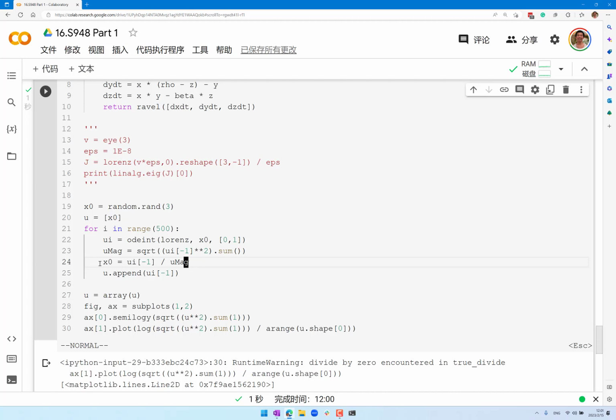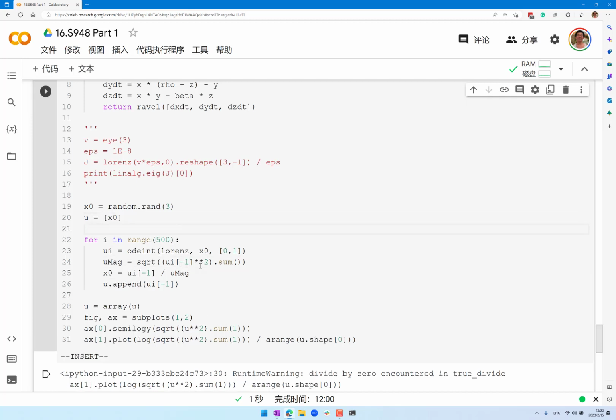If the system is linear, then the solution would be proportional to the solution I get if I did not divide by the u magnitude, right? So what that means is that if I actually store the magnitude of the u's and then multiply them repeatedly, then I would actually be able to recover the solution.